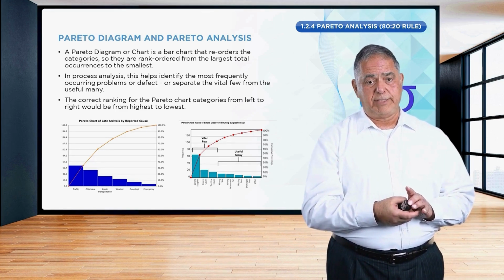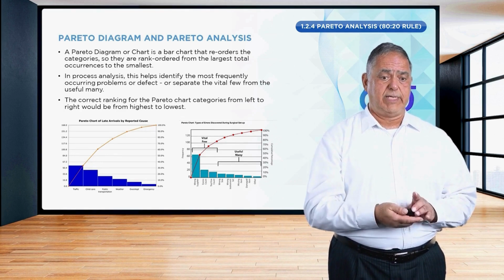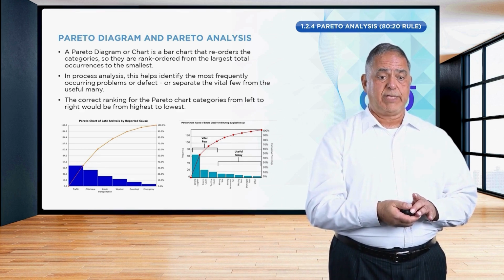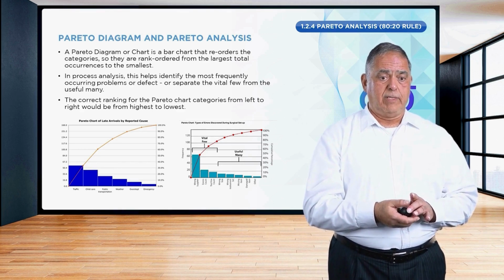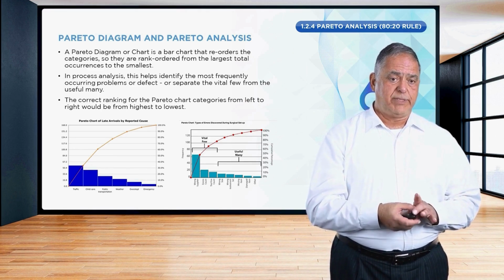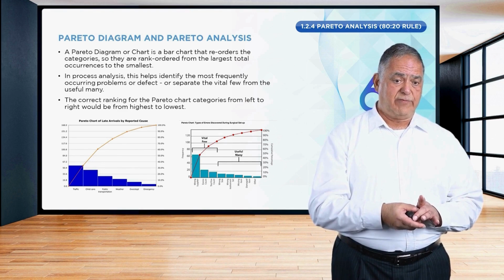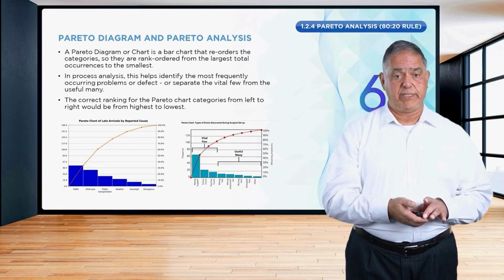In a nutshell, if we identify the root causes that create the first two problems and we eliminate them, then 80% of the late arrivals are going to disappear, and they're not going to be any issue in the future.